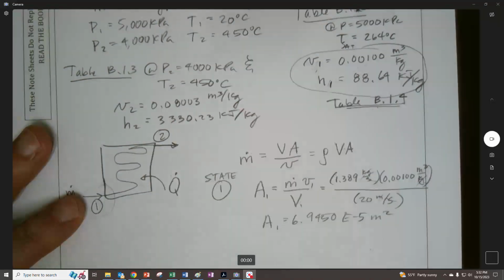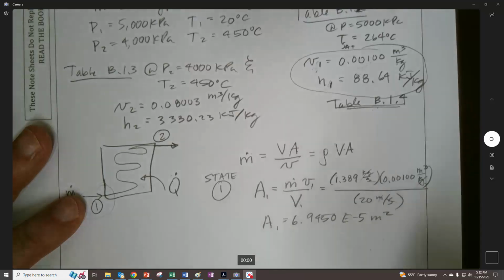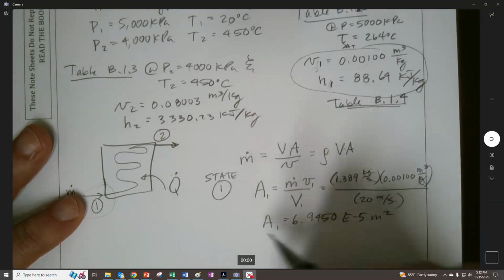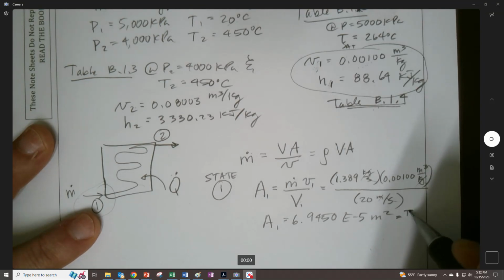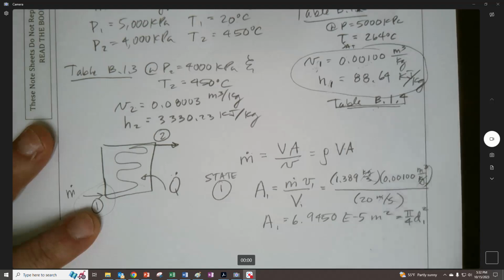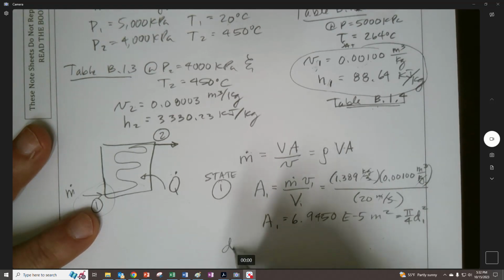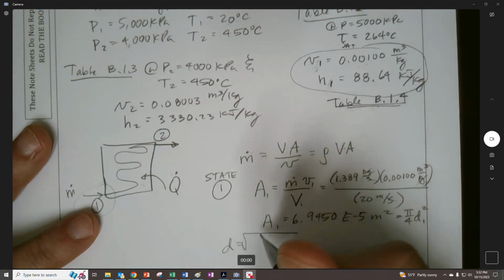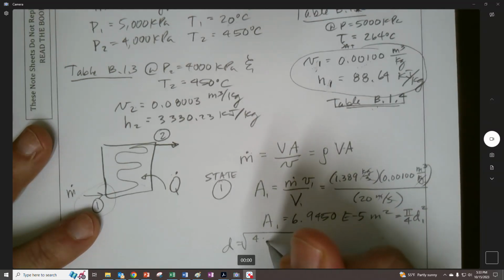Now, I'm trying to get my head wrapped around that. I would rather find the diameter. And so we know that the area is equal to pi over 4 D squared. So we could find what D is. We just take the square root of 4 times the area divided by pi.